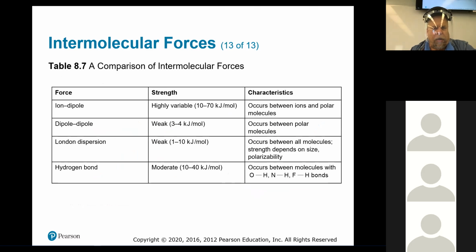And then this chart is particularly useful to just get a feel for it. The strength here, as you go down, it gets stronger, okay? And that's the nature of that system. That's the intermolecular forces thing there.